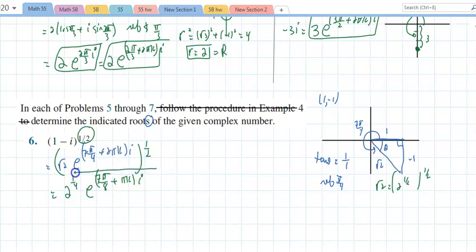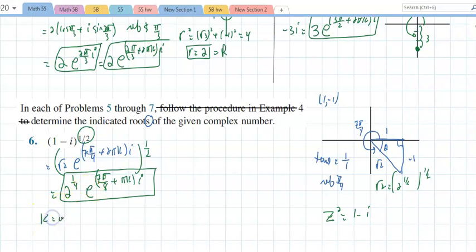This will be the general solution, something we're going to need in the coming chapters, right? And if I work that out, I could get as many zeros as needed. In this case, I'm going to need 2 of them because I'm taking a square root, meaning I must have had z squared equal 1 minus i, so I need two solutions.